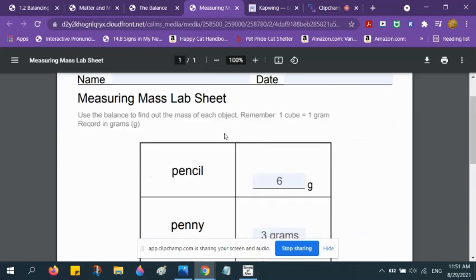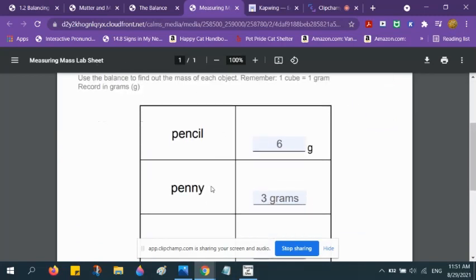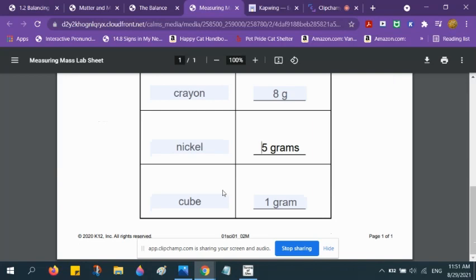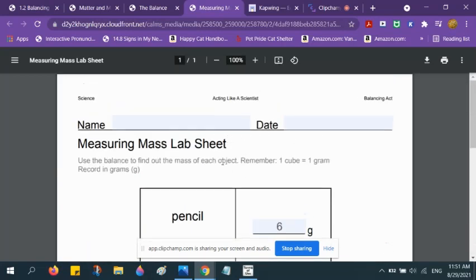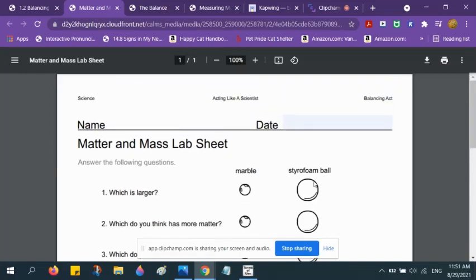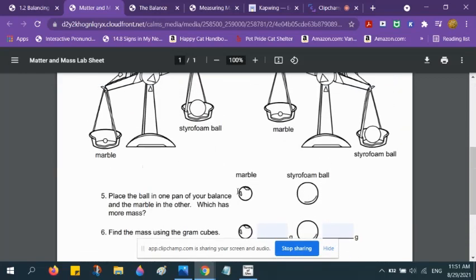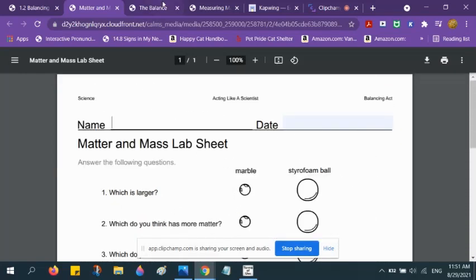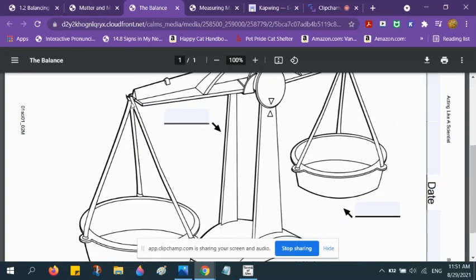Don't forget to complete the lab activity sheet when you're doing the experiment as well. We have another activity that we're going to do next time, and this one as well. So stay tuned. Check out our other video to find out how we complete this lab activity sheet, and this one.